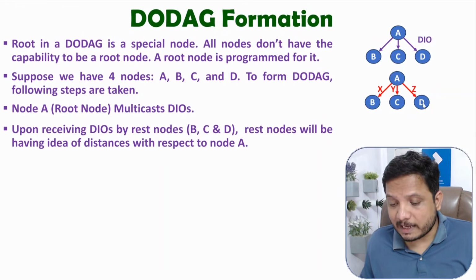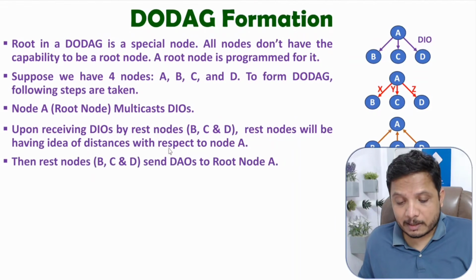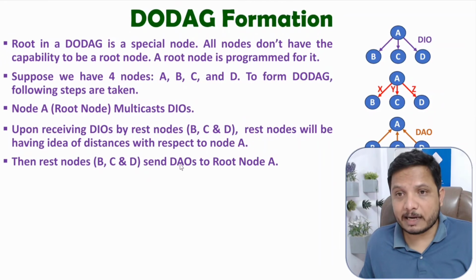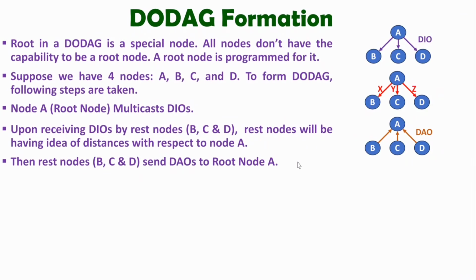So once BCD receive this DIO, they will have an idea about the distance with respect to A. Now once this DIO is received successfully, BCD will be forwarding DAO to root node A. So here you see B, C and D are forwarding DAO to A, by which A will get to know DIOs were forwarded to BCD successfully, and now A also has an idea about the distance with respect to B, C and D, right?